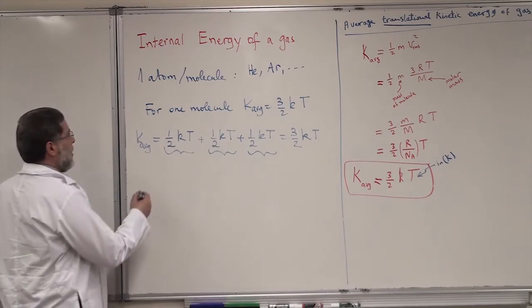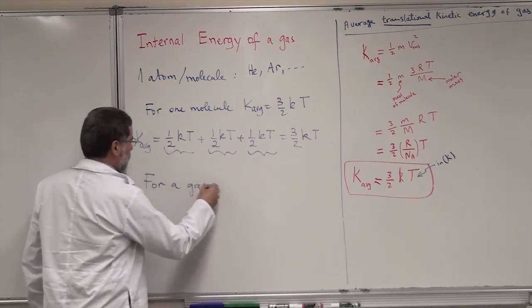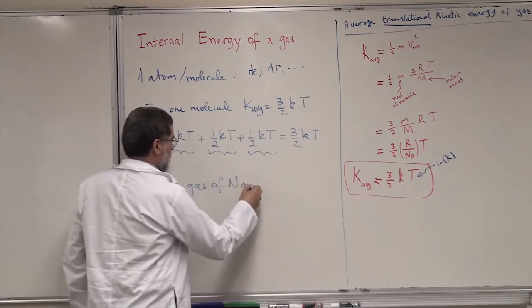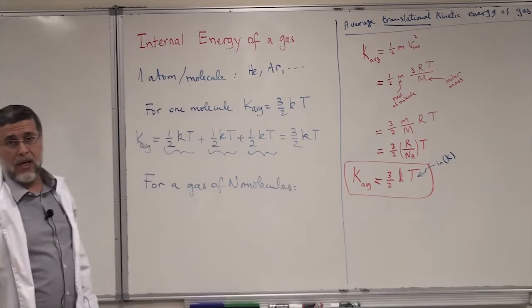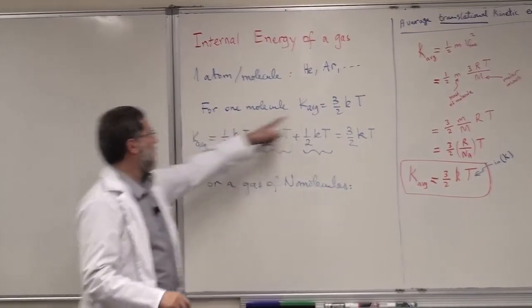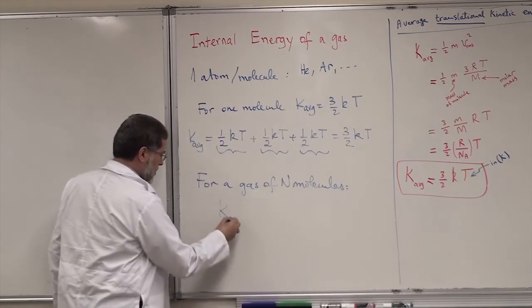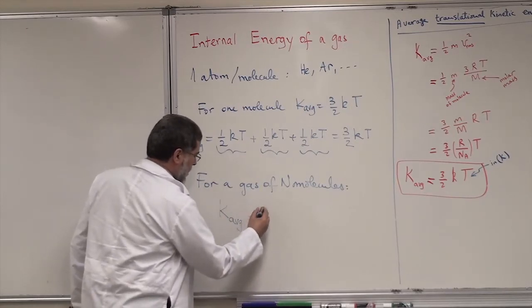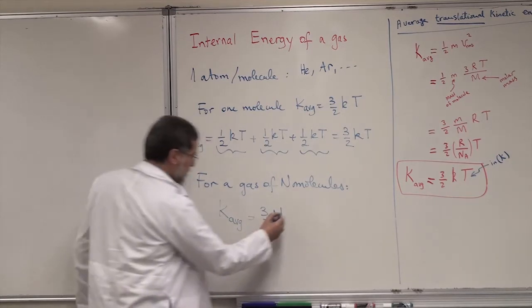Now let's go to a gas of n molecules. We don't have only a gas with 1 molecule like here. You expect that the average kinetic energy in this case will be 3/2 n kT, where n is the number of molecules.